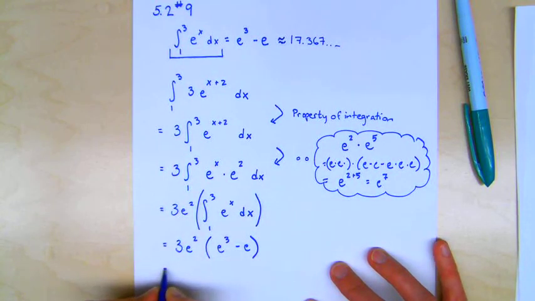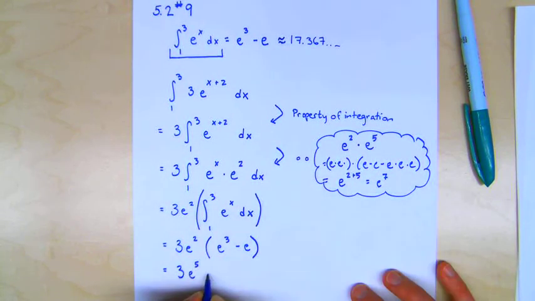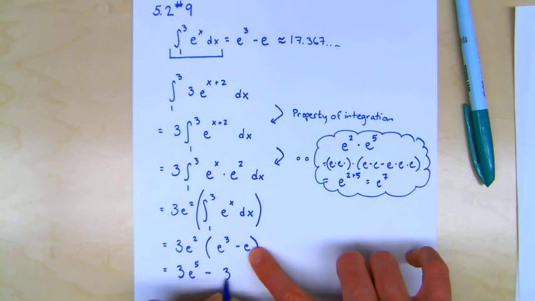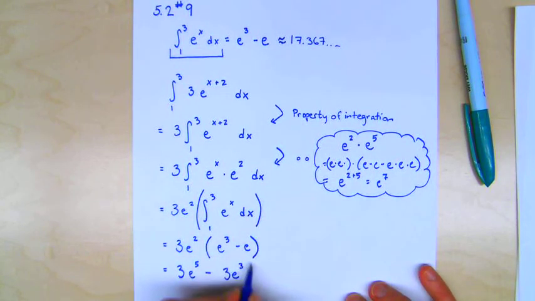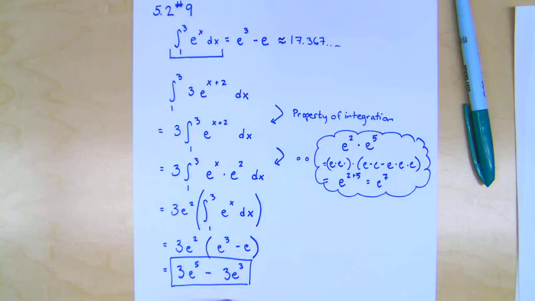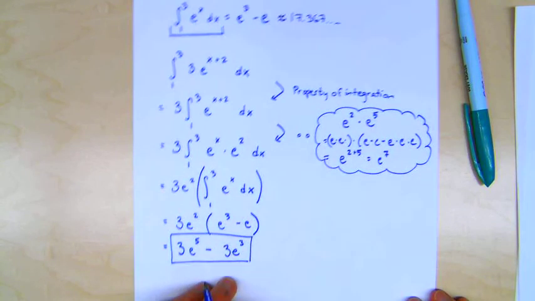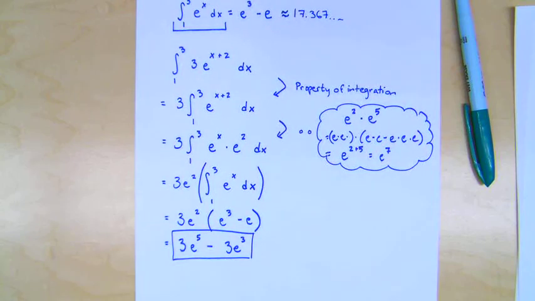And if I wanted to, I could use the distributive property and multiply this out, and I would get 3e squared times e cubed is e to the 5th because of the property that we just talked about, minus 3e cubed. And I could plug that into a calculator to get a decimal approximation, but I think that WebAssign likes it more when I just plug in exact values.